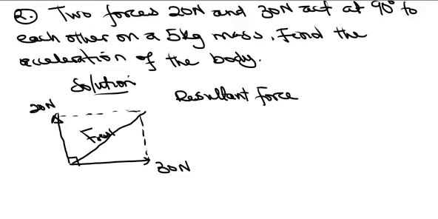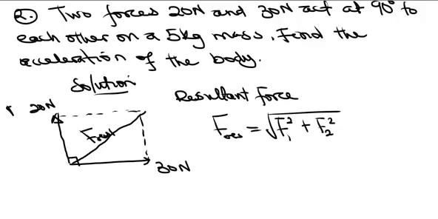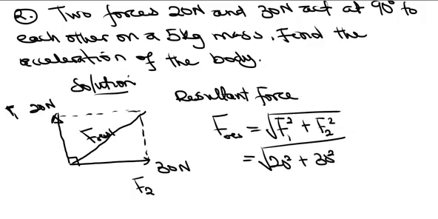We are given the mass. So F resultant is equal to the square root of F1 square plus F2 square. So let's assume this is our F1 and this is our F2. So in that case, it's going to be the square root of 20 square plus 30 square.